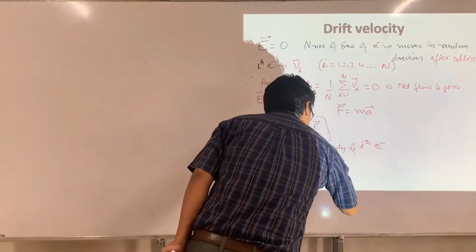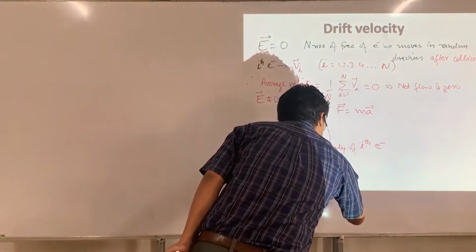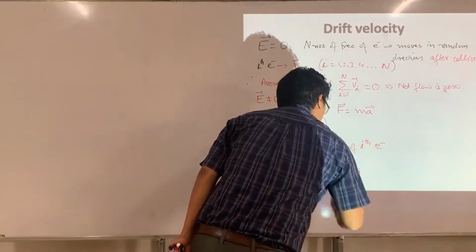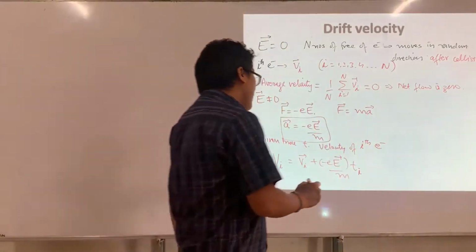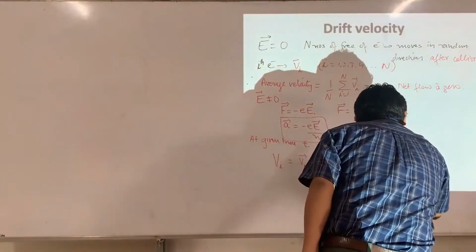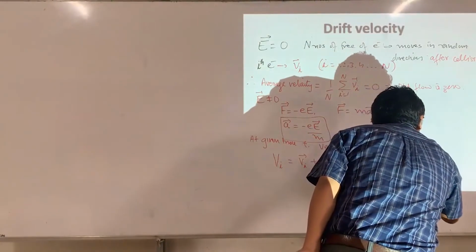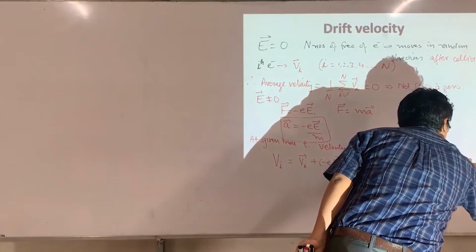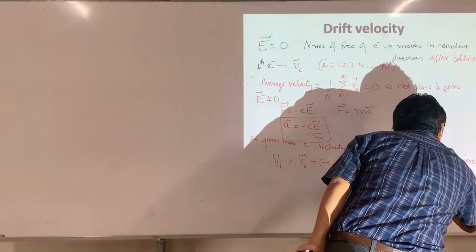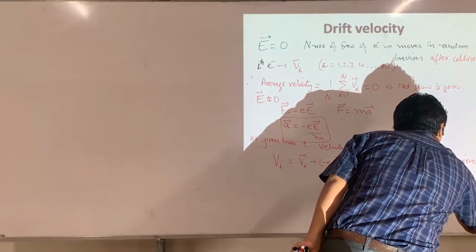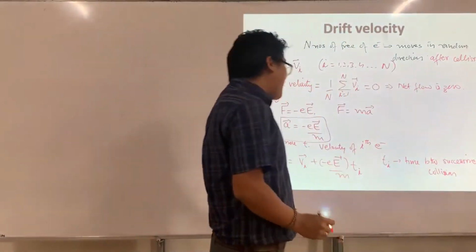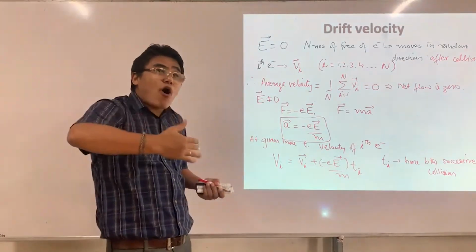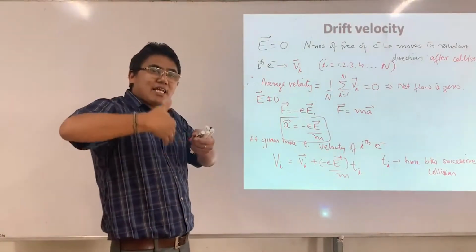Then this is acceleration multiplied by Ti. Now, what is Ti? I said Ti is the time between successive collisions. I told you just now, the electron keeps on accelerating until the next collision. So initially the electron has the velocity immediately after collisions, and then it keeps on accelerating until the next collision.